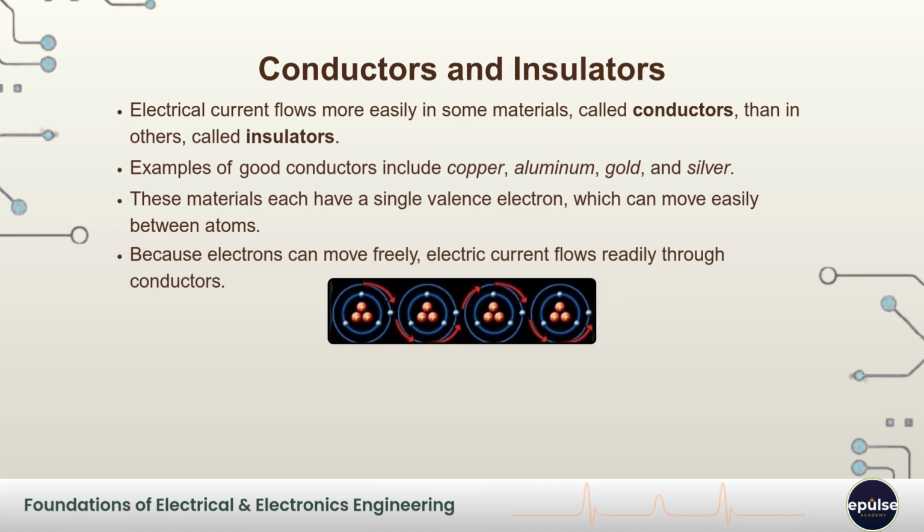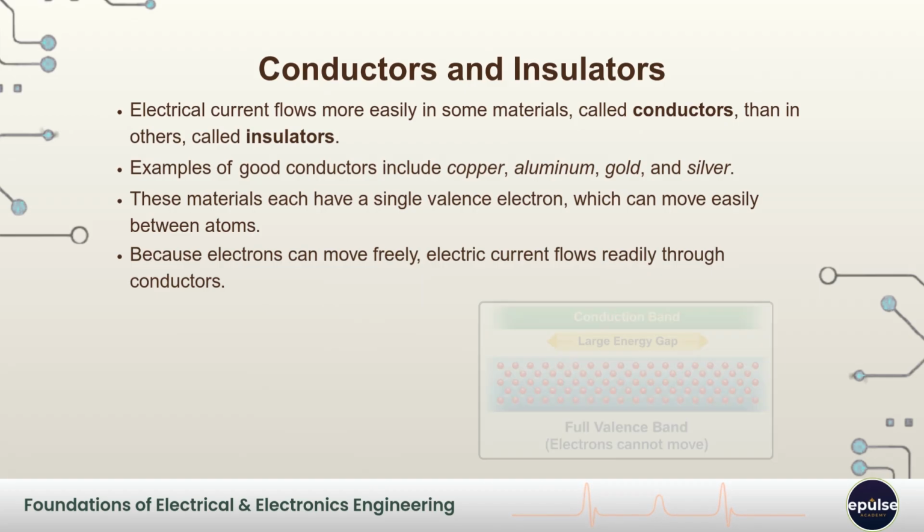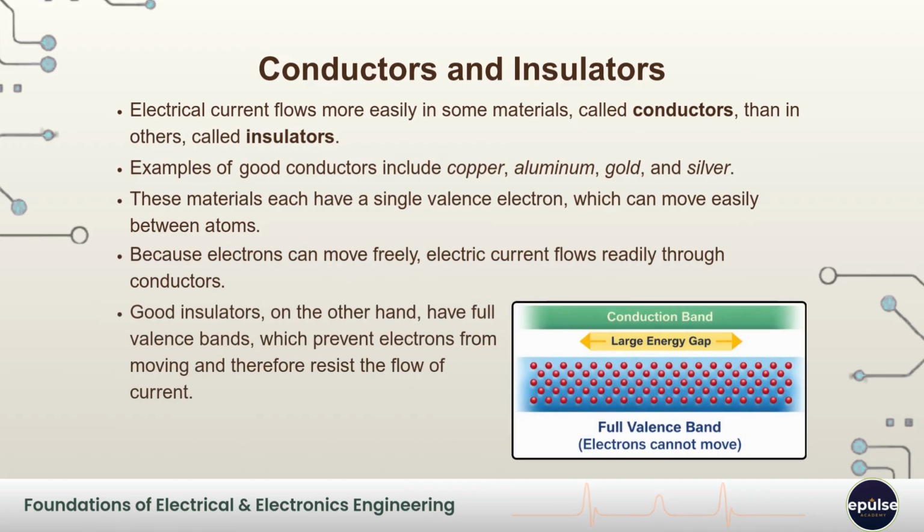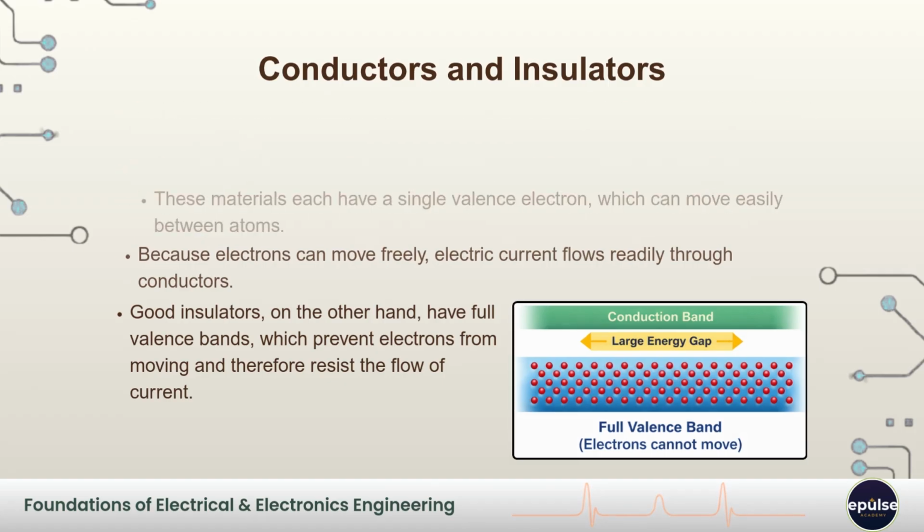Examples of good conductors include copper, aluminium, gold, and silver. Now, in insulators, the valence band is full and electrons cannot move freely. Thus, current does not flow easily. That's why materials like rubber and plastic are used to insulate wires.